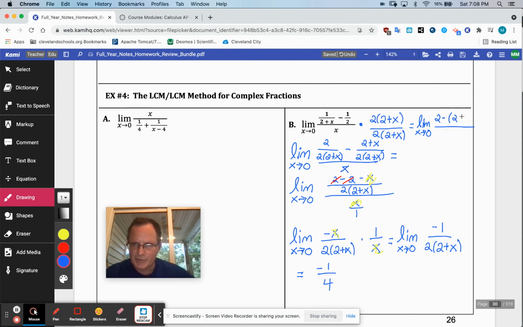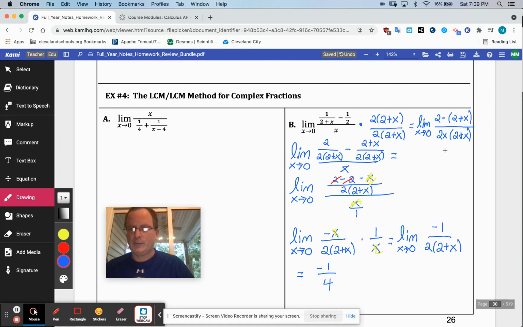I have the 2 minus 2, and also will subtract the x. And your denominator, you may prefer this, is going to be the 2x and then the 2 plus x. So that does go a little bit faster.